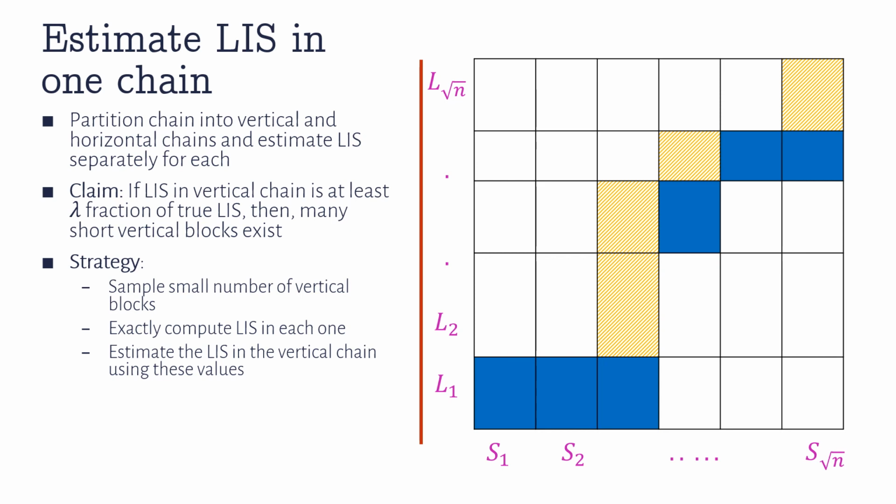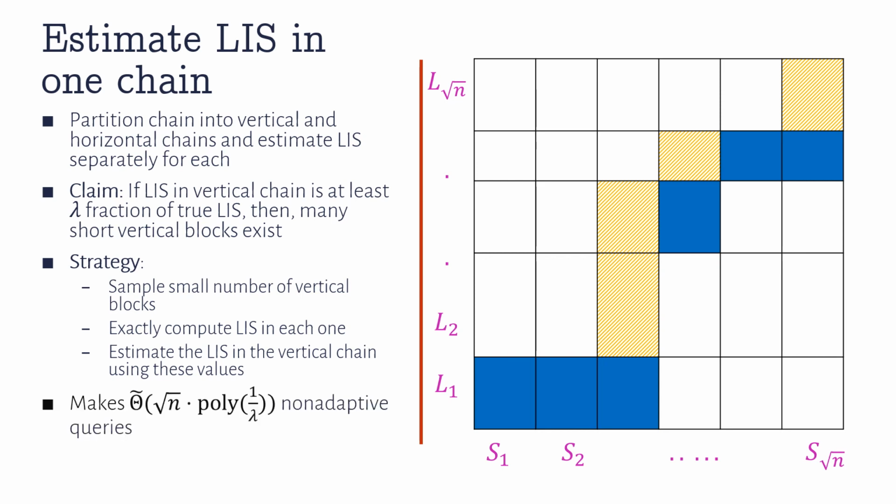We sample a small number of vertical stripes or vertical blocks from among these yellow blocks. We exactly compute LIS in each one. This is possible because our query budget is root n and a vertical stripe has at most root n points. And estimate the LIS in vertical chain using these values.